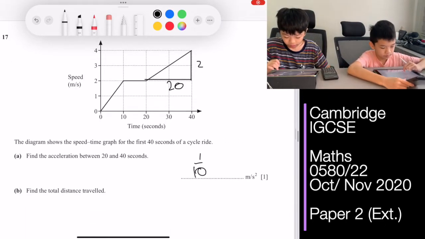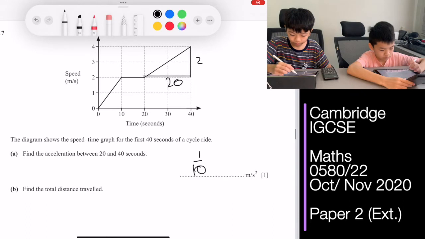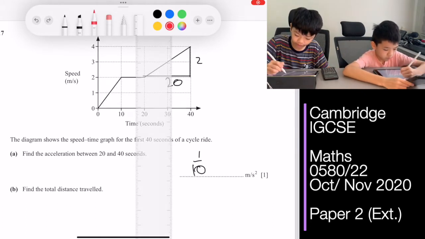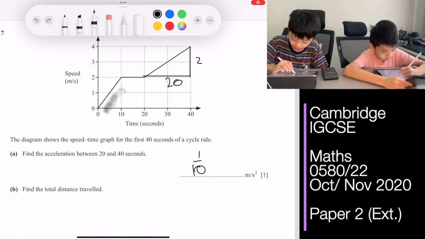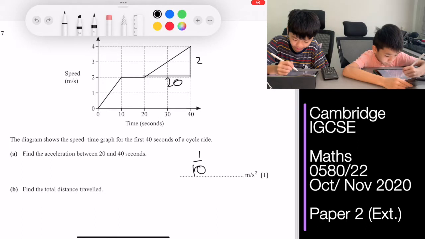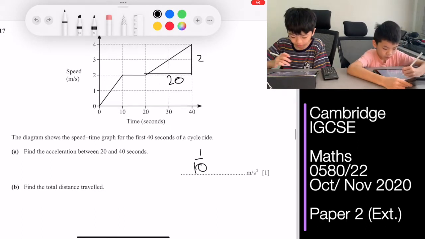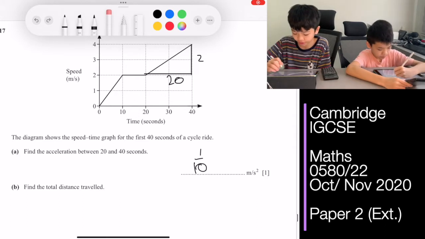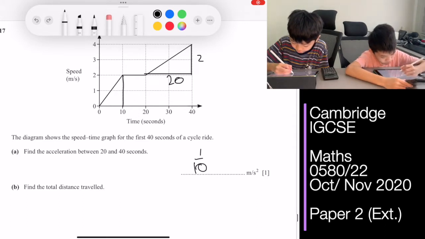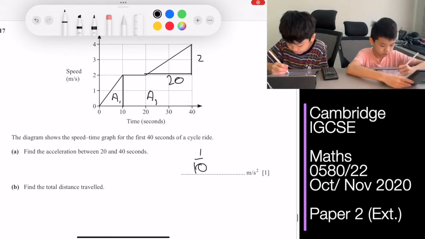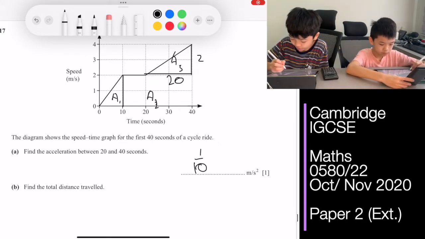Next, find the total distance traveled, which is the area over here in colored pencil. First we'll split it into three parts: A1, A2, A3.